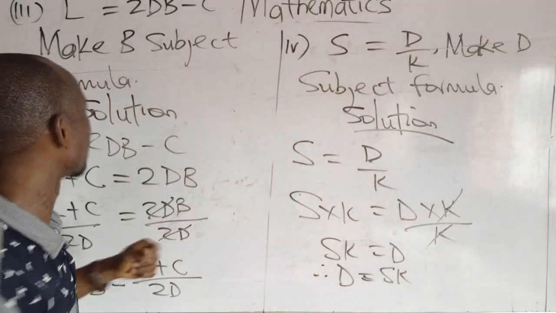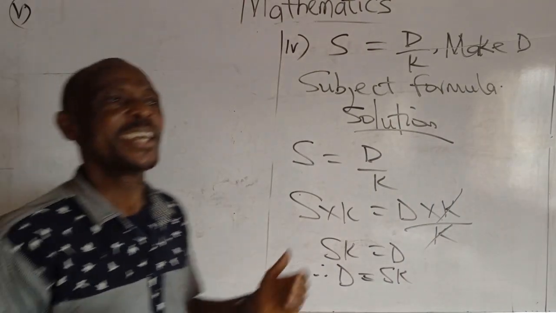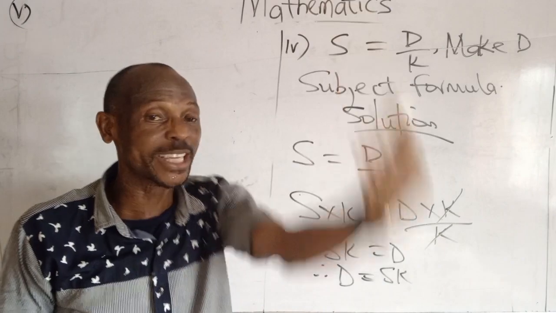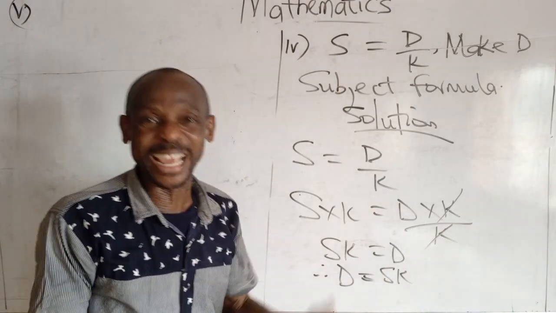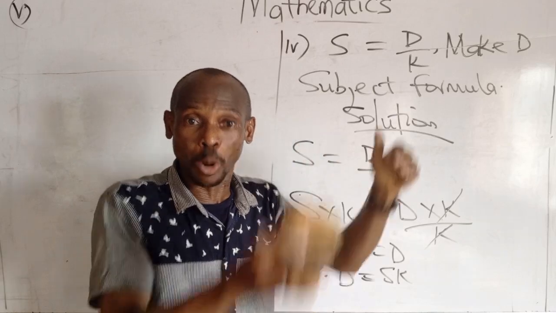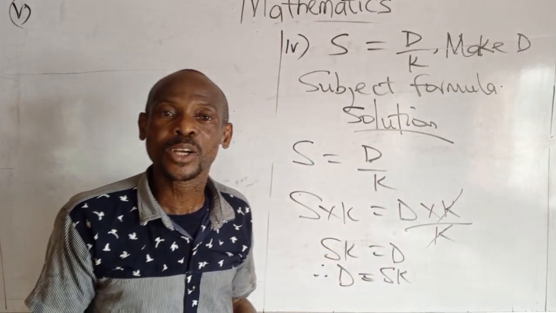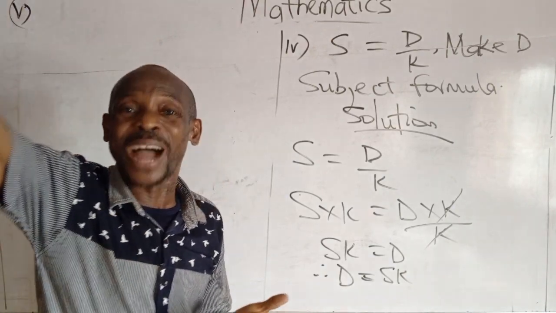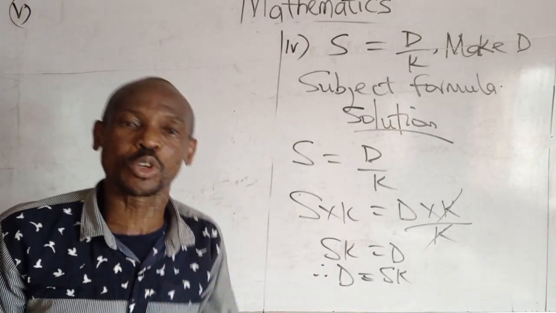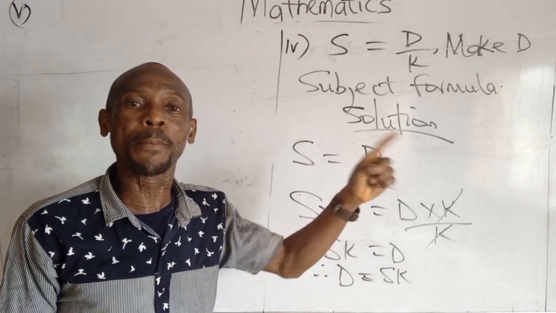We are going to look at principle number 5. Here we are considering values that are raised to a given power. When a value is raised to a given power, to make it the subject of the formula, we are going to find the nth root of the other side of the equation, based on the power.